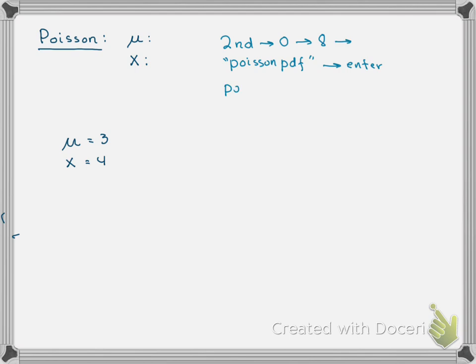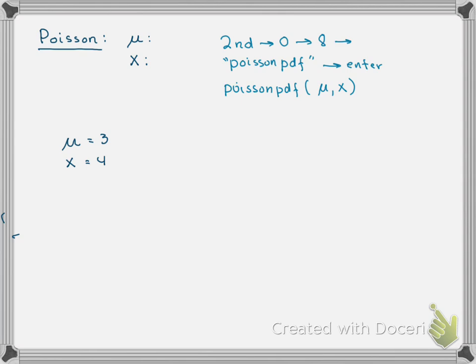And that's going to open the Poisson PDF with your parenthesis. So what's going to go in there is your mean and your x value. And that's it. So in solving this problem, when we open up the Poisson distribution, we enter 3, 4, and hit enter.